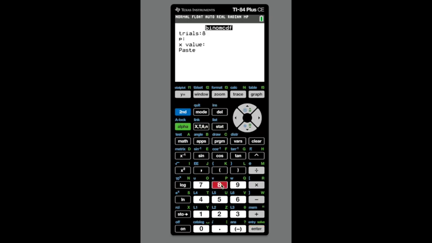I'm going to put in that we're doing 8 trials. My value of P is 0.55, and we're going to add everything up to 5, all of those probabilities, and then I'm going to hit paste. So now when I paste, I can do it all in one step because it came up after the minus. This value here will calculate it automatically and then subtract it from 1. When I hit enter, it gives me the value of 0.2201.